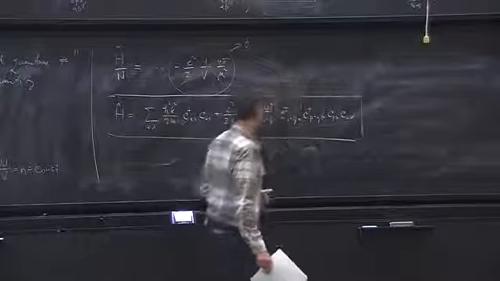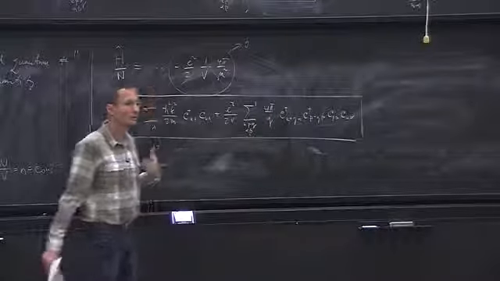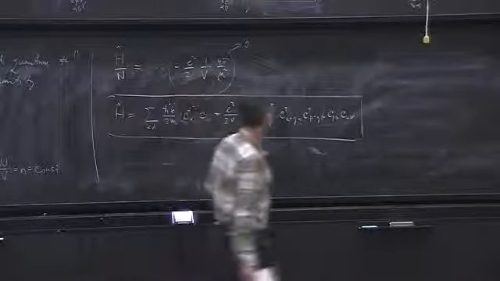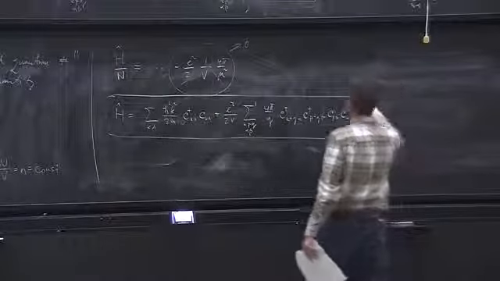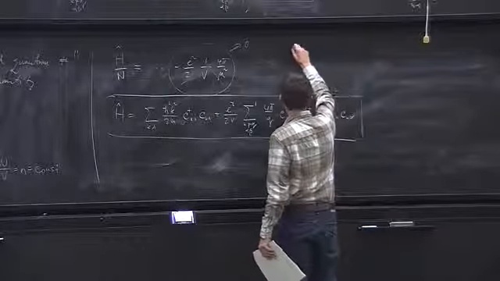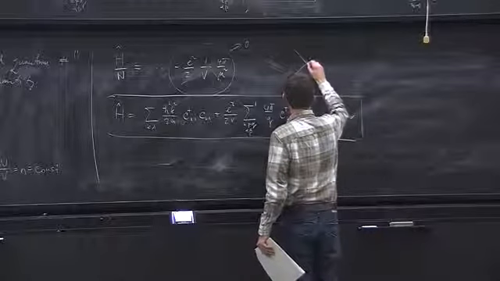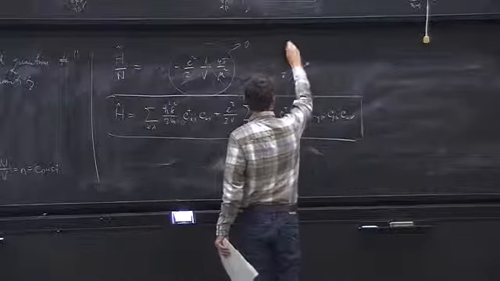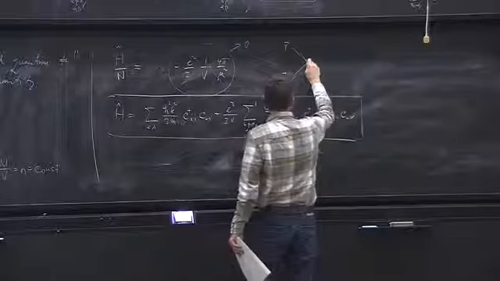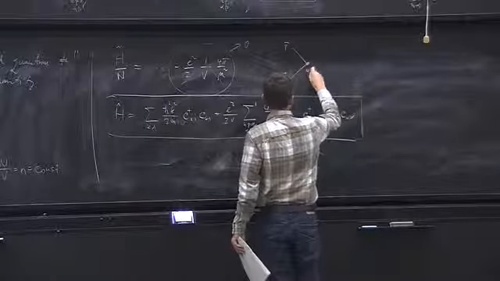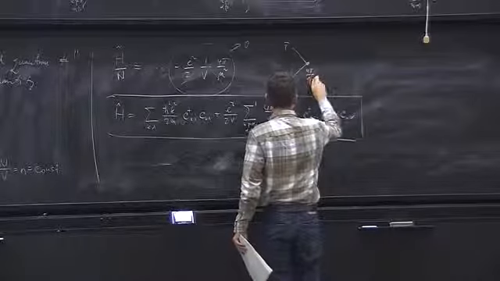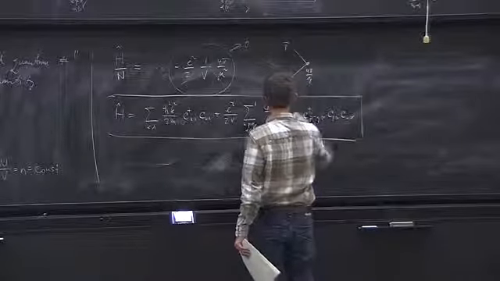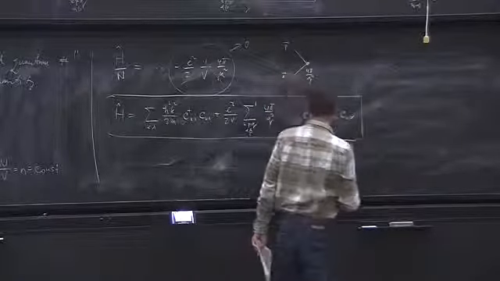The second term comes from the Coulomb interaction and can be represented, if you like diagrams, as follows. You have two electrons that come in with momenta k and p. Then there is an interaction vertex whose value is 4 pi over q squared.